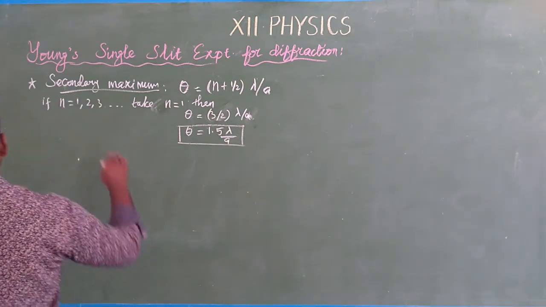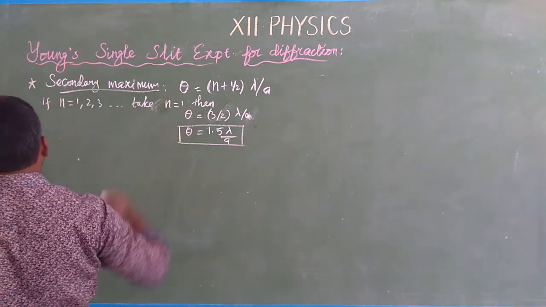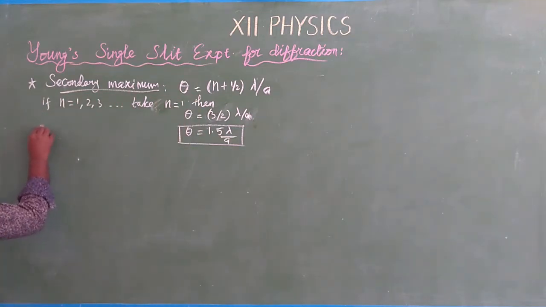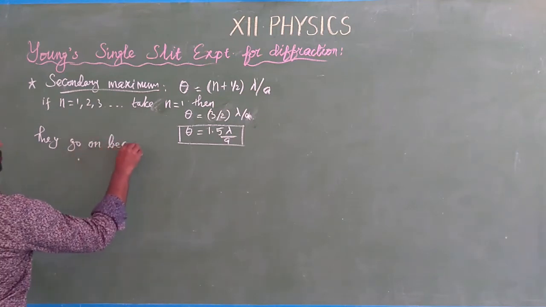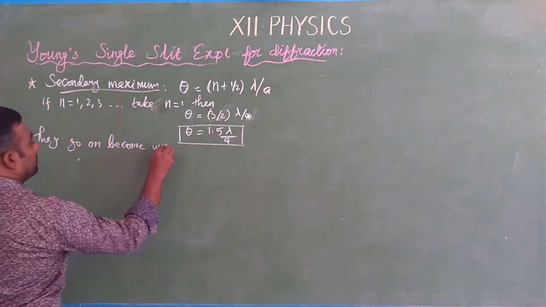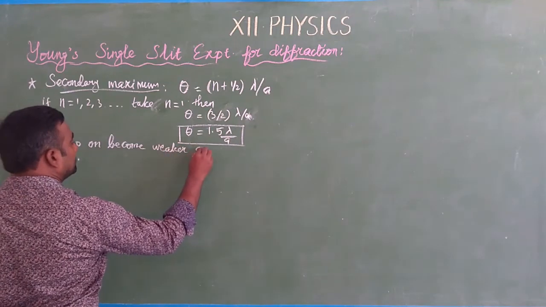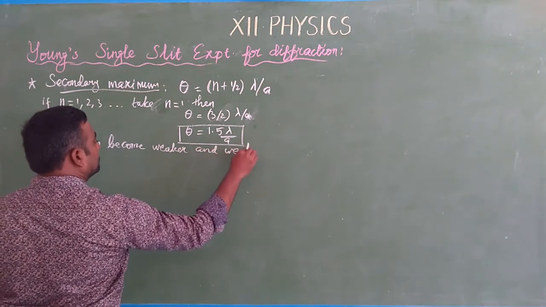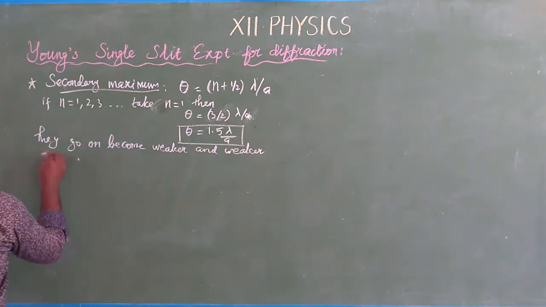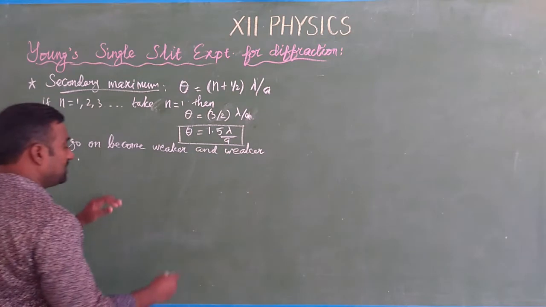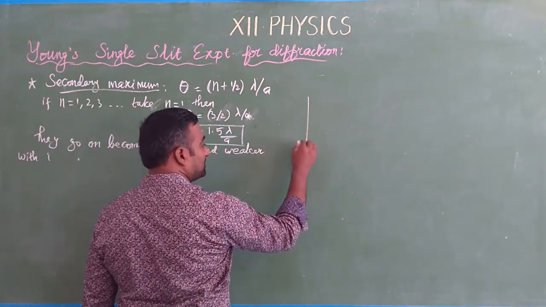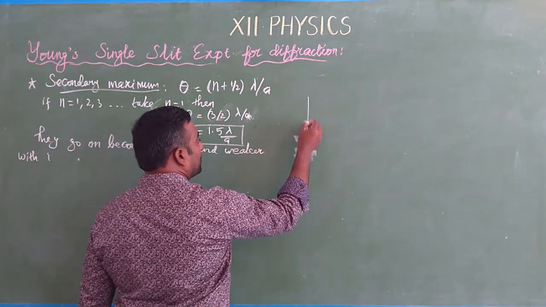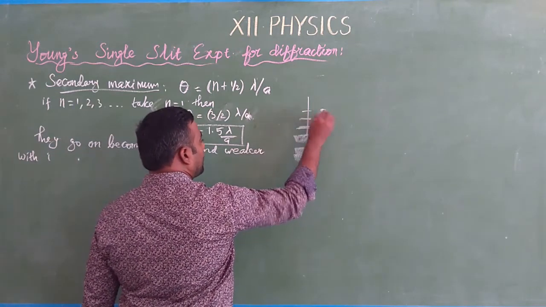So here they go on become weaker and weaker with increasing n. அப்ப n ஓட வேல்யூ increase ஆக நமக்கு ஸ்கிரீன்ல கிடைச்சு இல்லீங்களா சென்டர்ல மேக்ஸிமம் பிரைட்னஸ் இன்டென்சிட்டி அந்த either side போக போக என்ன ஆயிட்டே இருக்கு ரெடியூஸ் ஆயிட்டே போயிட்டு ஃபைனலா it becomes 0.